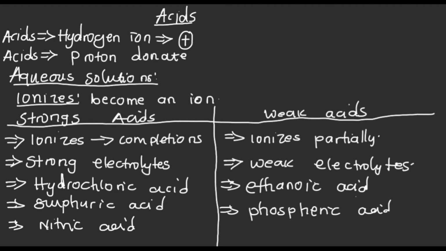Now, away from the two forms of acids, let's look at the generalized equation. So what happens if this acid is put into or dissolves in water? We just want to make an equation from that. So for the generalized equation, we are going to use this as an example.